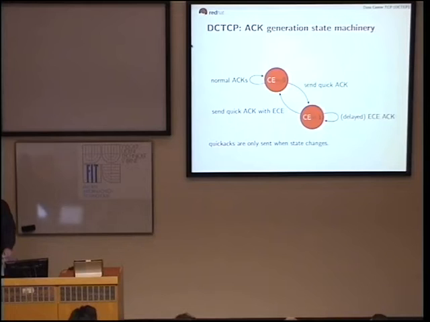And that's pretty much it. So we will do completely normal ACK processing. We just do some extra work, namely sending immediate ACKs if and only if the state changes. So in basically all the cases, it should always be normal ACK processing.